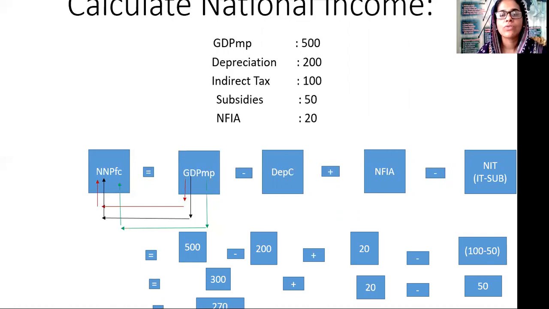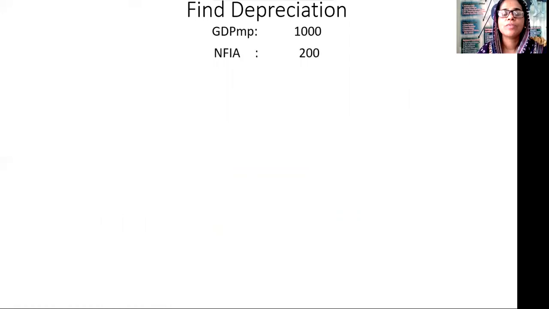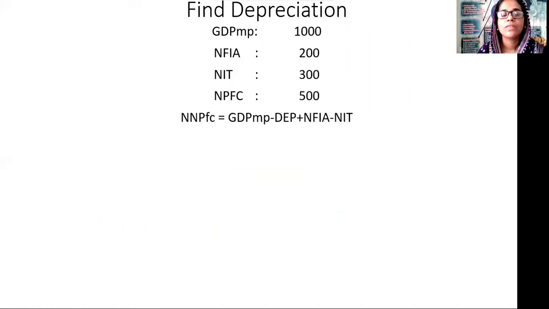Now, another question. Sometimes national income is given and we have to find depreciation. Suppose GDP MP is 1000, NFIA 200, NIT 300, NNPFC 500. Now find out depreciation. We know that NNPFC is equal to GDP MP minus depreciation plus NFIA minus NIT.